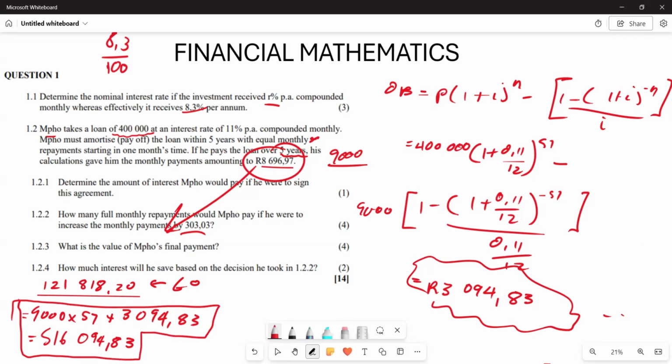Remember in the beginning, the interest was this one. So what are you going to do from here? You are going to subtract.